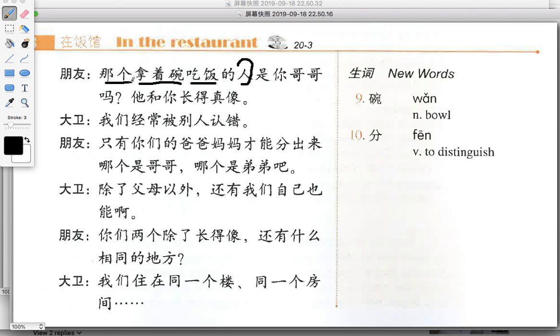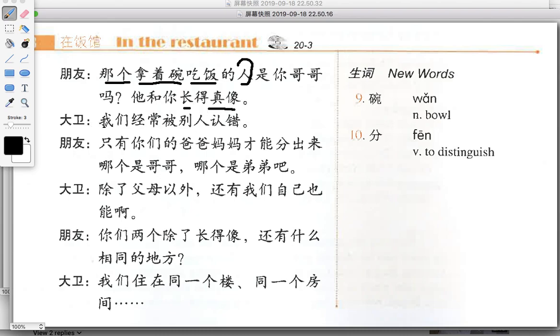And that one. So all these are modifying 人。那个人是你哥哥吗？他长得和你真像，长得真像。You look very similar, very alike.